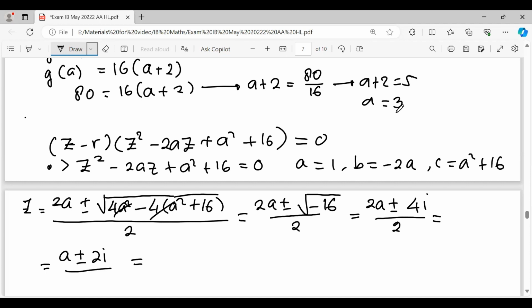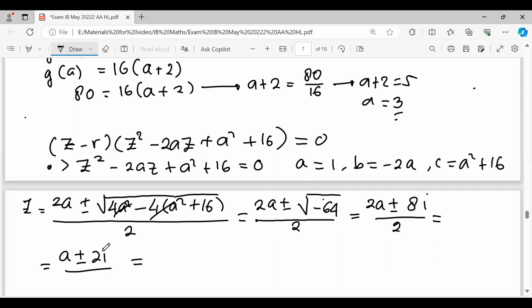So a equals 3, this one. Just now, this is 64, sorry, 64 here, because 4 times 16. So the square root is 8. Minus 64, this is 8, right?